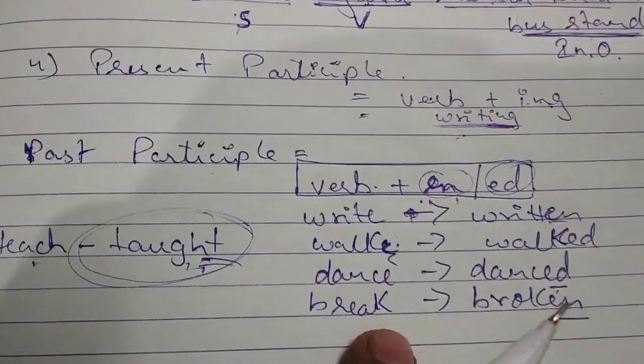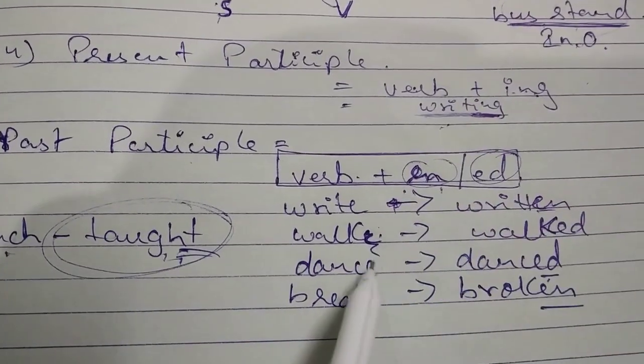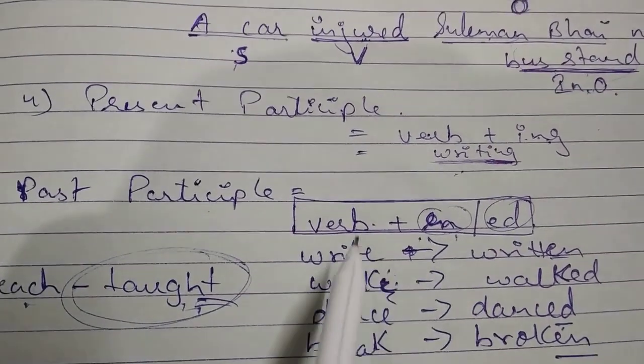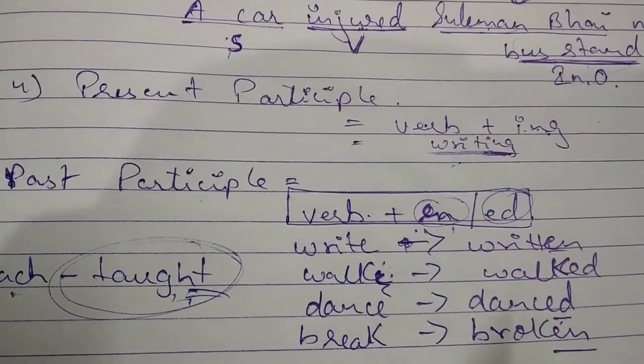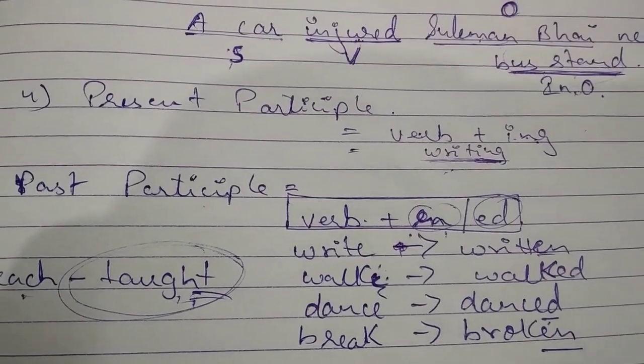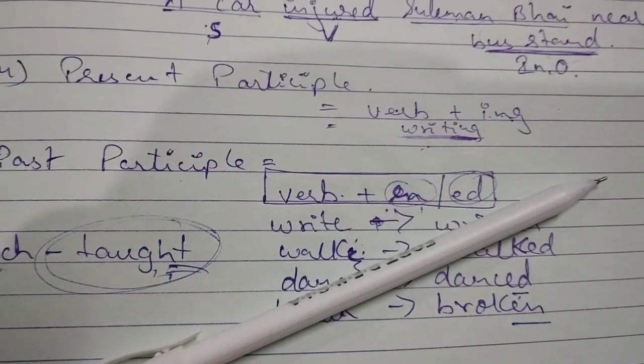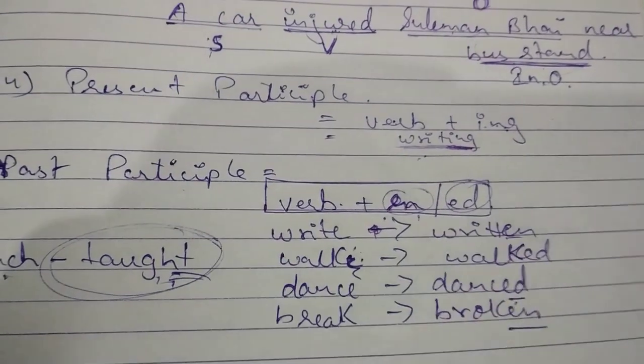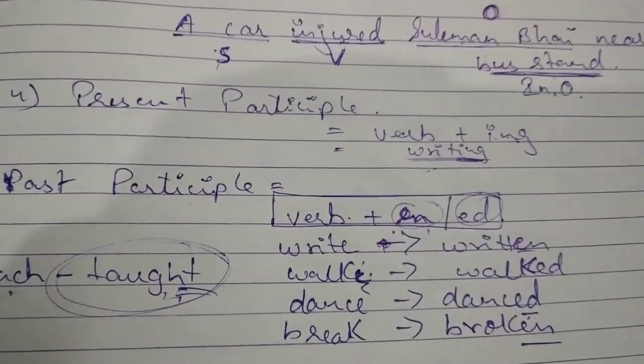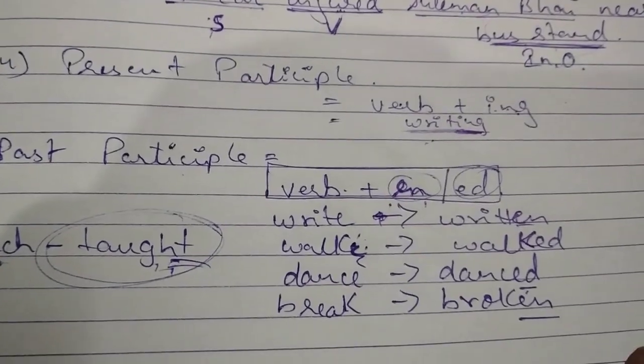Now see here, one thing you remember. There are many verbs whose past tense form and past participle form are different, and there are many verbs whose past tense and past participle are the same.